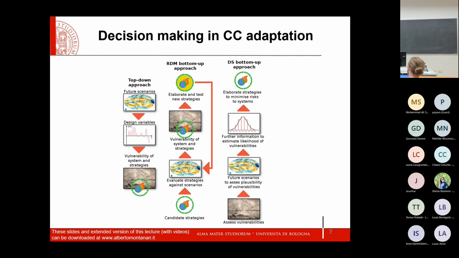The first strategy that I would like to mention to you is robust decision making, RDM. It's a bottom-up approach. And the second one is called decision scaling, and we will see why it's called decision scaling. But let's now focus on their workflow, which is similar.